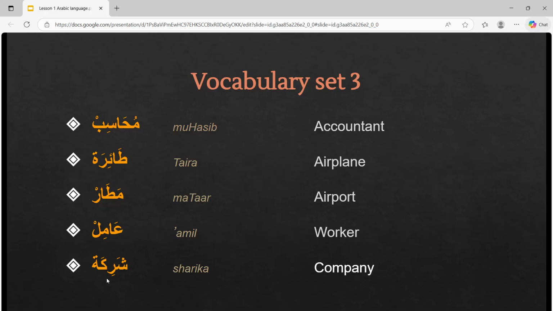Okay. شركة, company. All right, there you have it. Those are the 20 vocabulary words that we've learned, these 5 here and the previous 15. So next slide here.